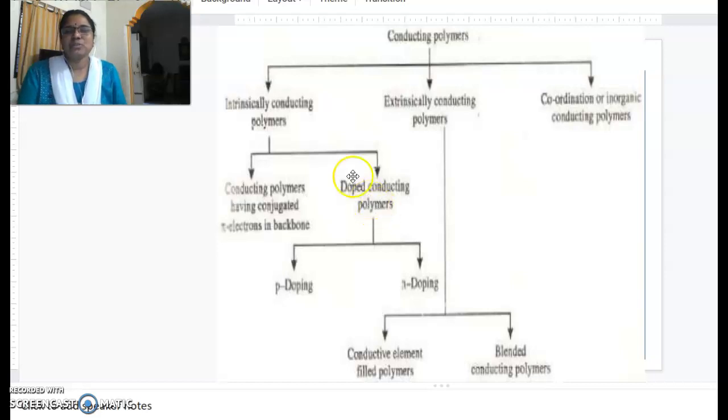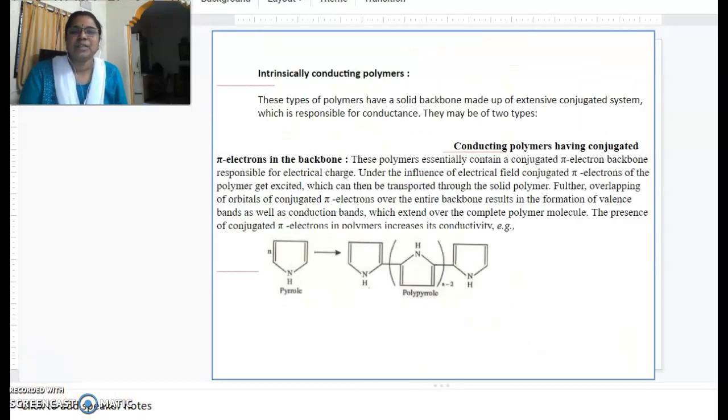That process is called doping. This is of two types, p doping and n doping. This is all about intrinsic. In the case of extrinsic, there are two types: conductivity filled element, and the second one is blended conducting polymers. Now I will explain one by one.